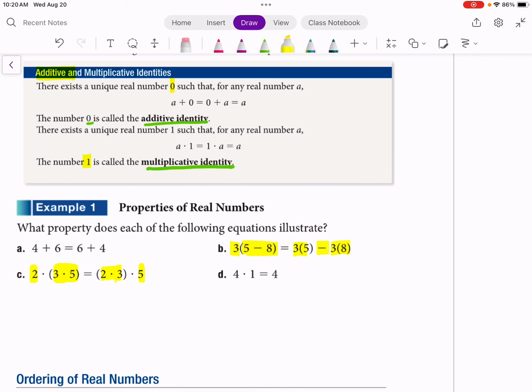When 4 is multiplied with 1, our result is 4, and this 1 is the multiplicative identity. It's not the name of a property, but from this equation we can find what kind of identity is given.